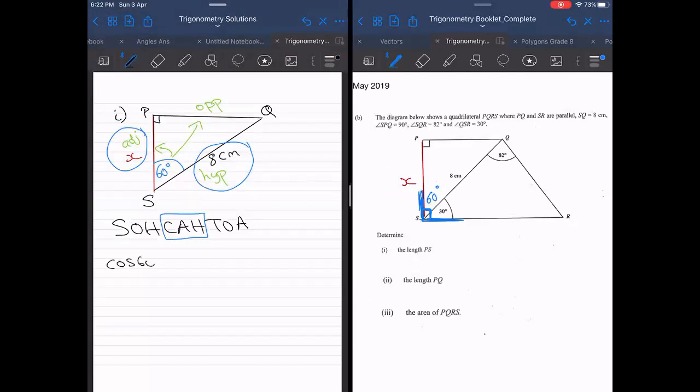So we have that cos 60, right, is equal to the adjacent over the hypotenuse. Right, so cos 60 is equal to PS over 8.